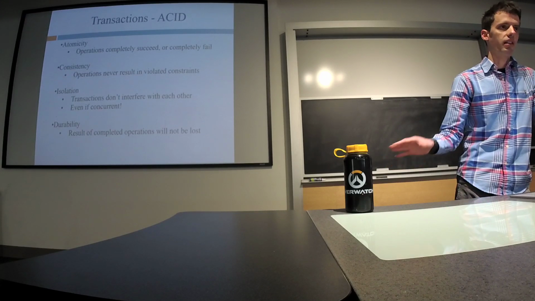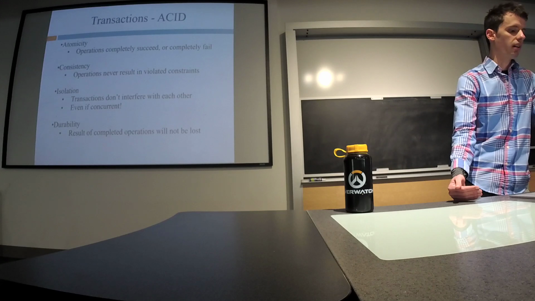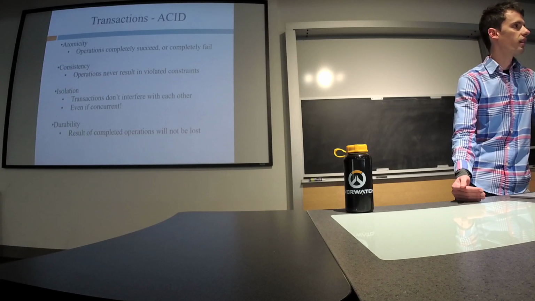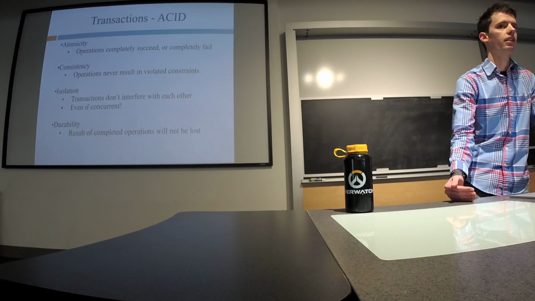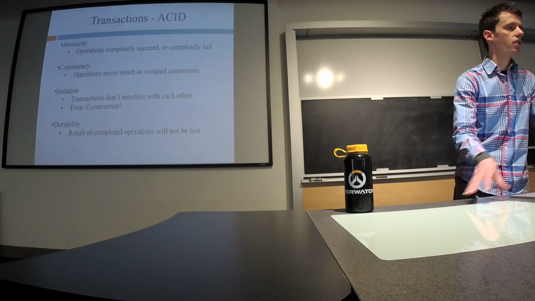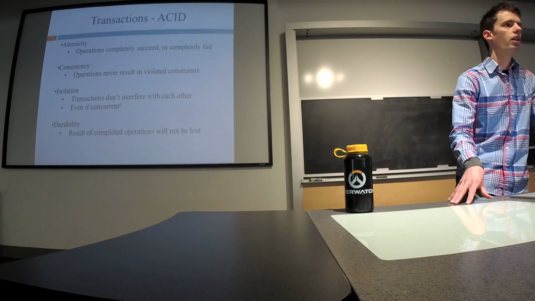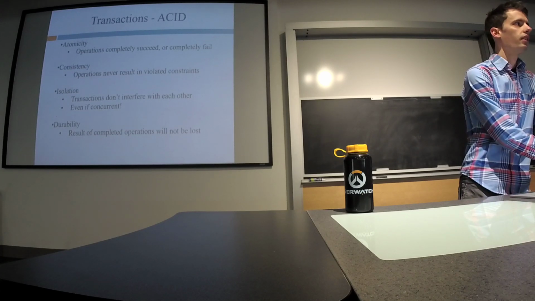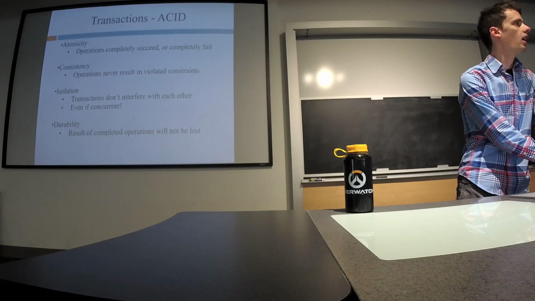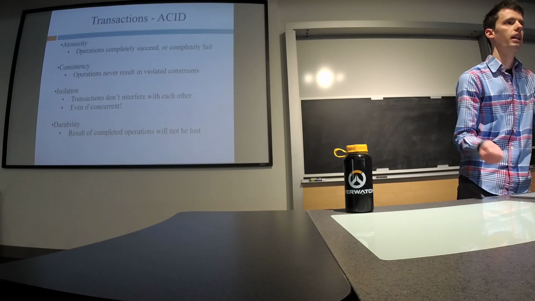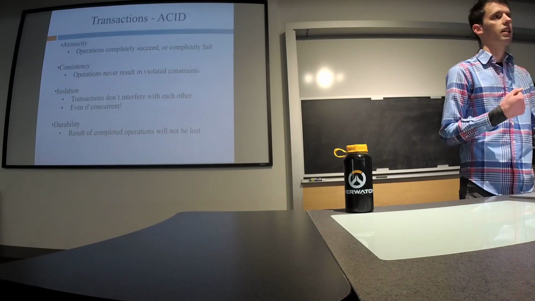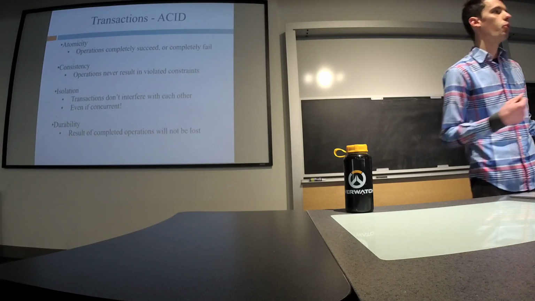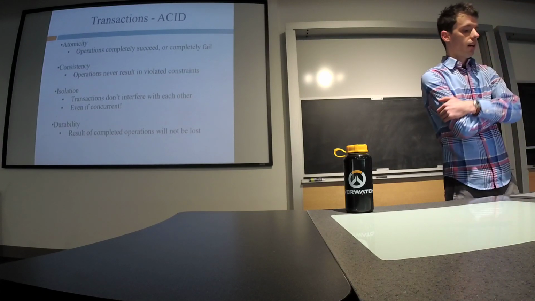The atomic part is the completely fail or completely succeed part. The consistent part in the context of a database is any transaction that starts on a valid database will leave the database in a valid state. So a transaction cannot violate primary key constraints, foreign key constraints, cascade rules, everything like that.